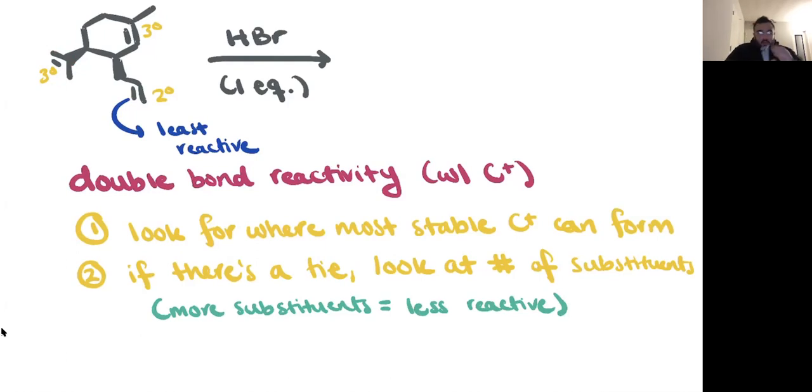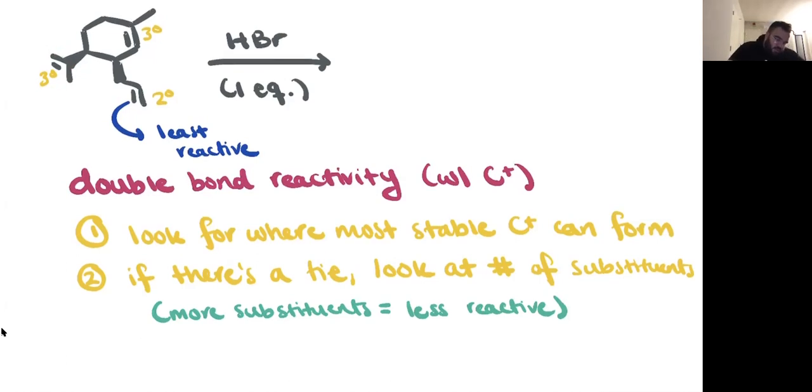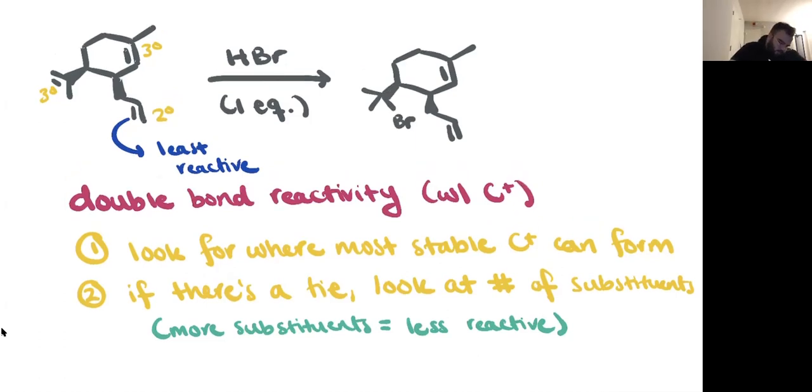less reactive. So that means that one equivalent of HBr would add bromine to that double bond. Cool. So we see that this double bond is most reactive. Okay, and then that other one is kind of like in the middle.